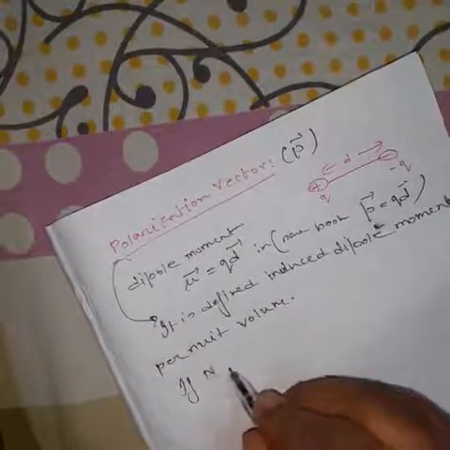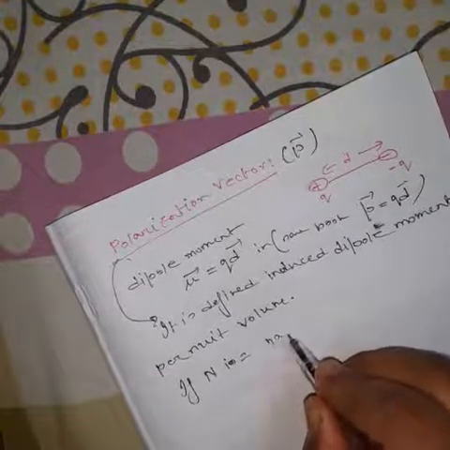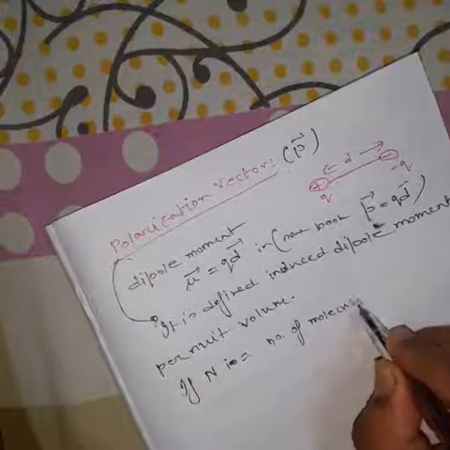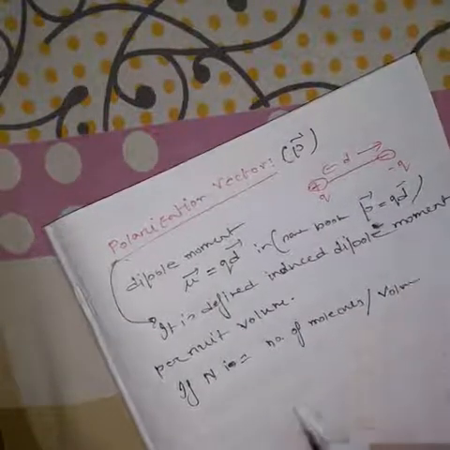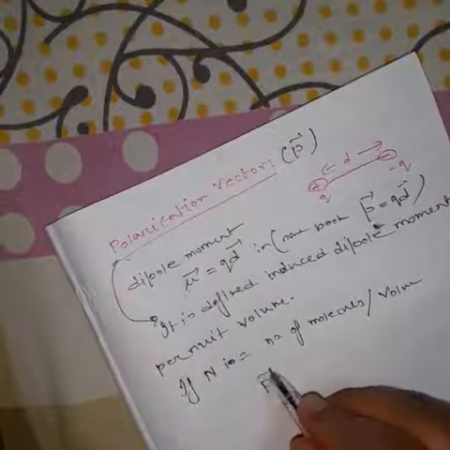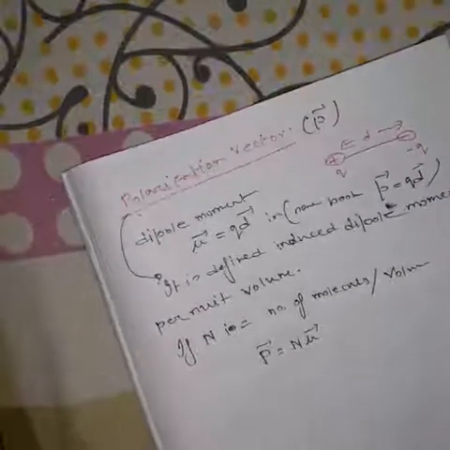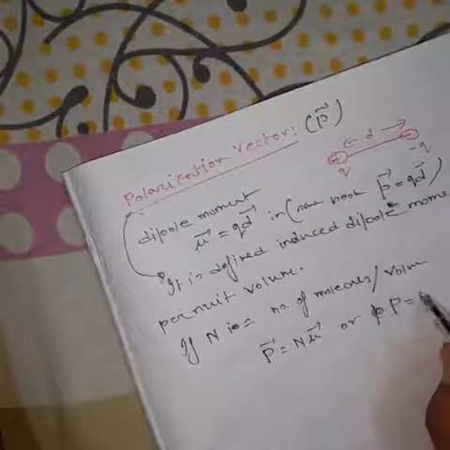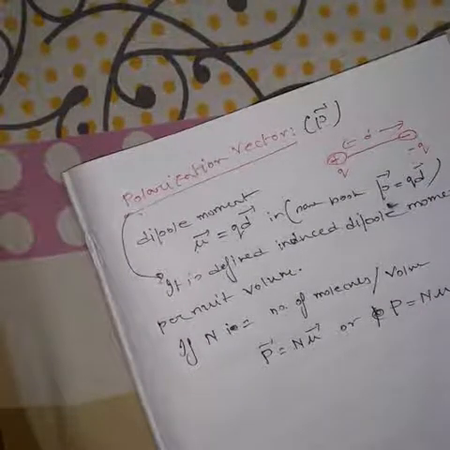Now if capital N is the number of molecules per unit volume, then the polarization vector can be written as P equal to N into mu. Or generally, without vector notation, I can write P equal to N mu. It is capital P, remember that.